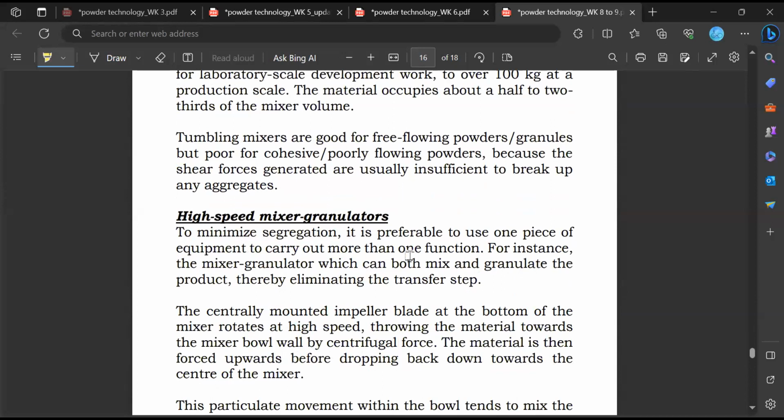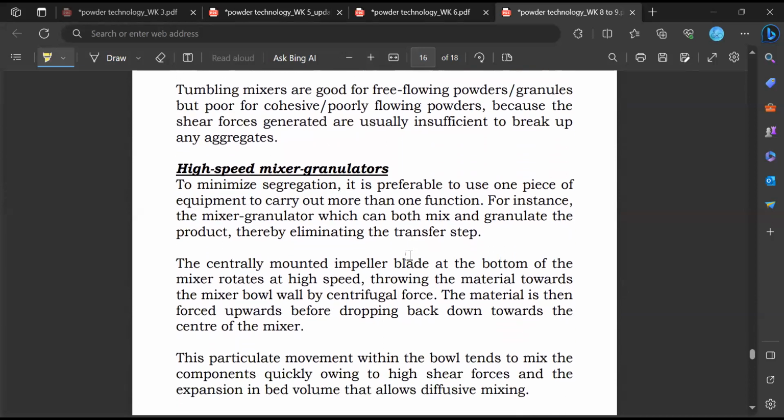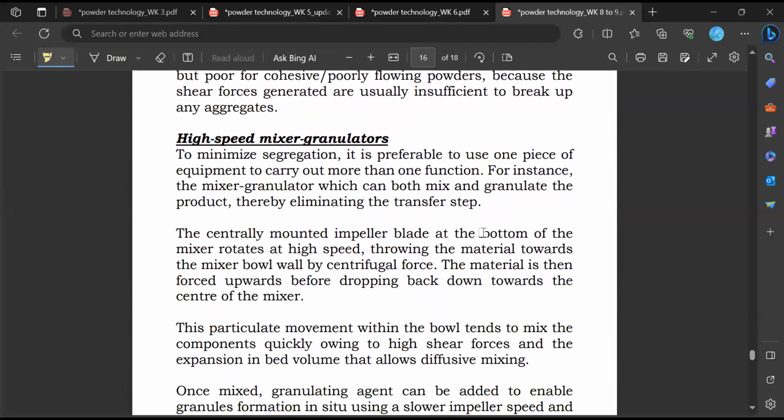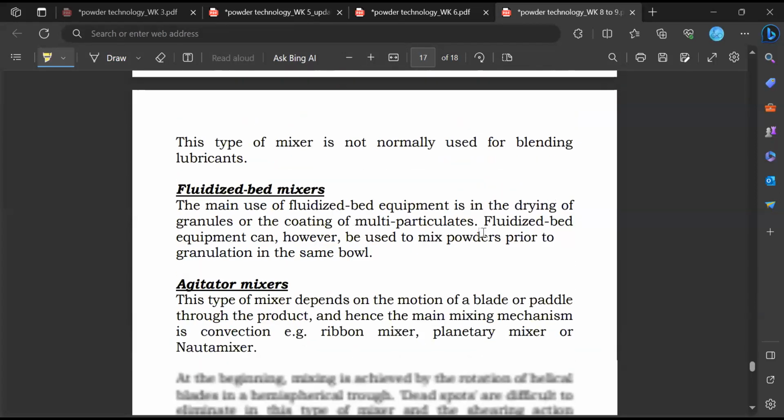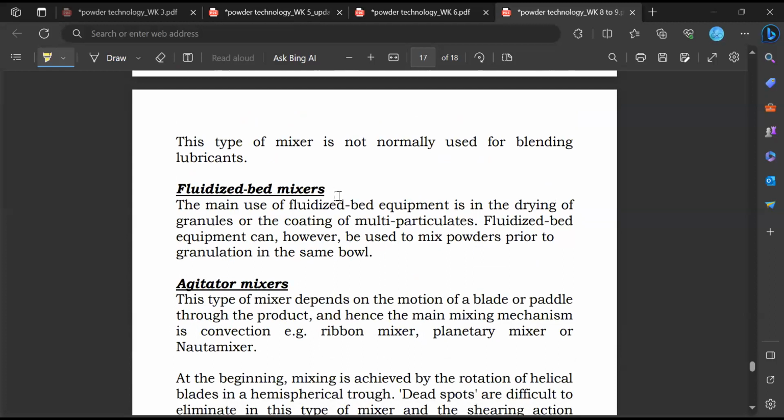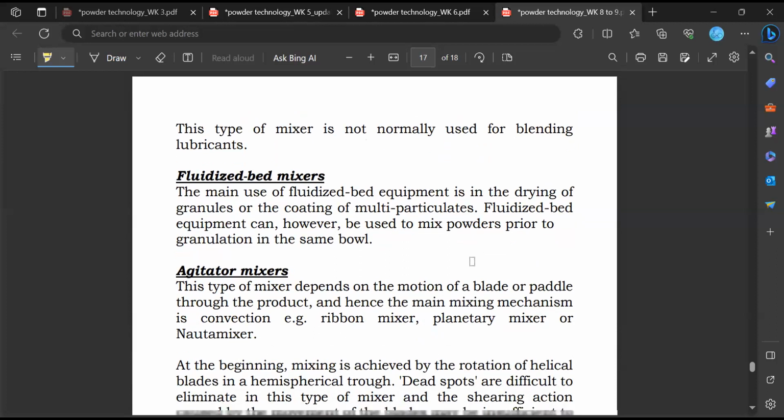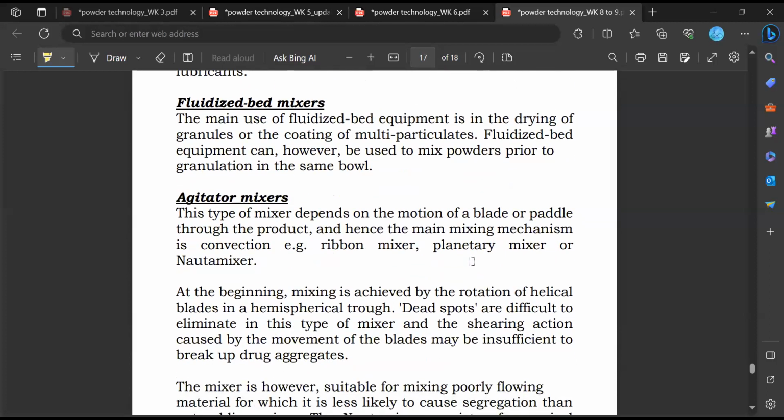Then you have the high-speed mixer granulators, where mixing and granulation can be done in the same equipment. Fluidized bed mixers are mostly for drying of the granules and coating of multiple particulates. Agitator mixers use a paddle to mix the powder.